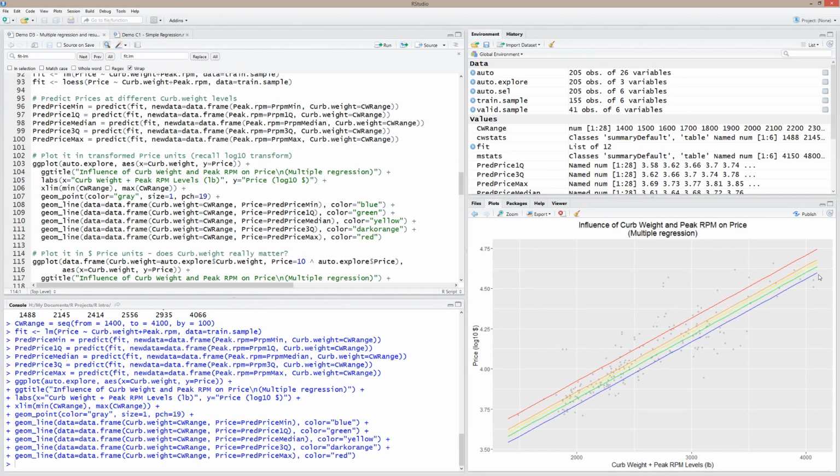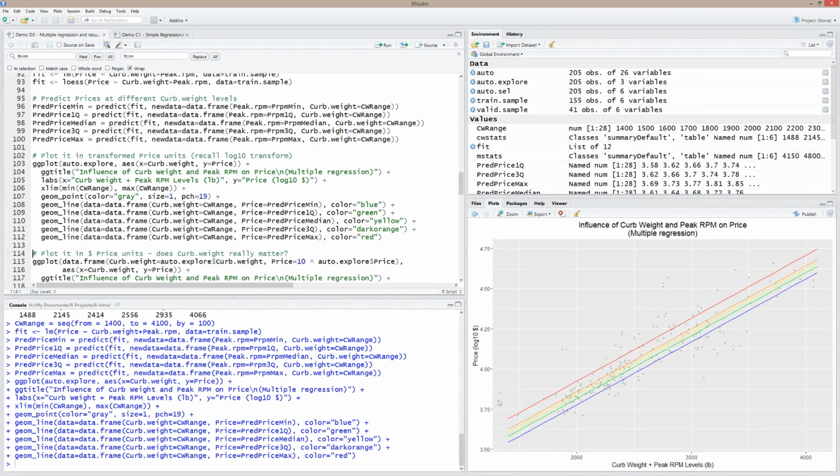So it's a first way of having a look at it. Also, we can see that the lines are parallel. Often when you do that, you can see the lines will be intersecting. It also means that there's a good linear dependency between the curb weight and price, and it's a very linear dependency.